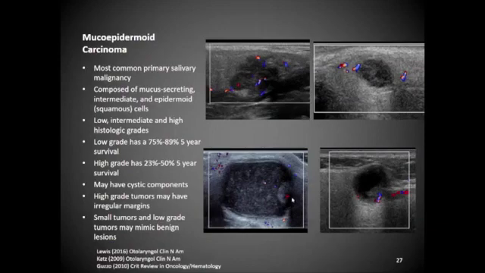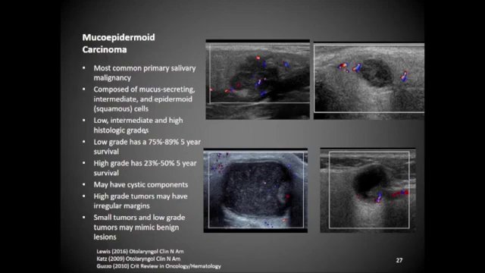The most common malignancy in the salivary glands is the mucoepidermoid carcinoma. It is composed of mucus-secreting, intermediate, and epidermoid or squamous cells, thus the name mucoepidermoid carcinoma.